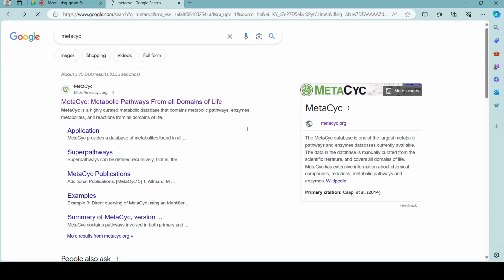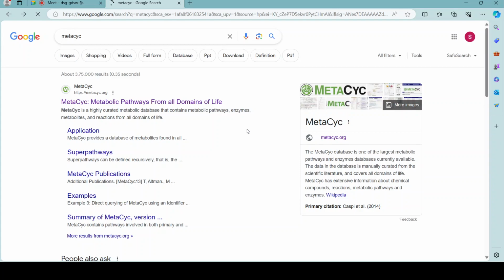Okay, it's taking a lot of time to load, but what we can summarize is that in MetaCyc, you have information from different organisms combined for a particular reaction or a gene of interest. There could be redundancies between MetaCyc and KEGG because both of them store information about genes, genomes, and proteomes from all the organisms, but it does cover information from KEGG as far as I am aware.